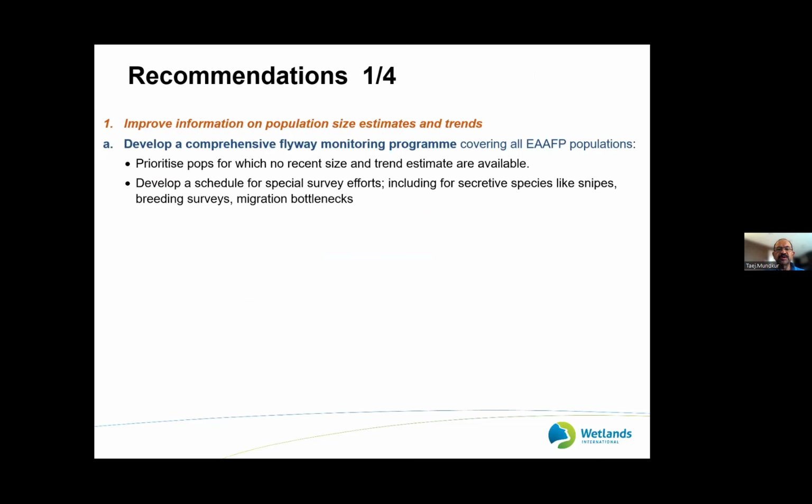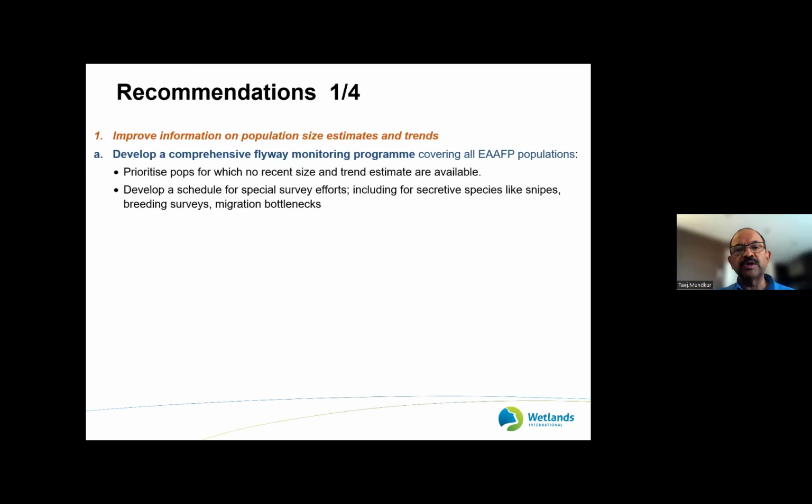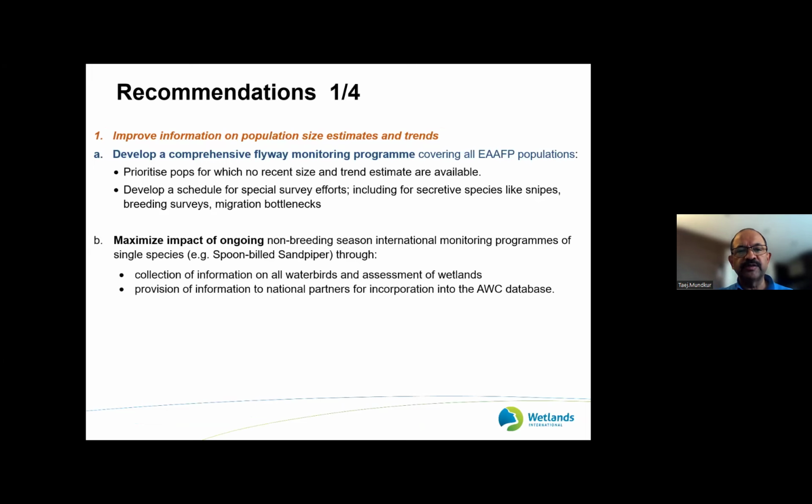Again, this was for the migratory birds, so we need to at the same time be thinking about resident populations of birds, and to prioritize populations for which there are no size or trend estimates, to be looking at surveys at special areas where the birds might congregate during the breeding season or during migration at bottlenecks, or other types of surveys that are needed for species that can't be covered through a standard monitoring program such as the Asian waterbird census, because they may be very secretive and need other monitoring techniques.